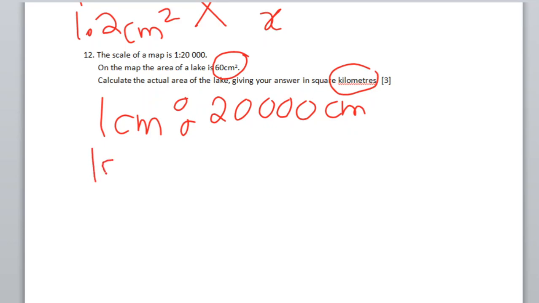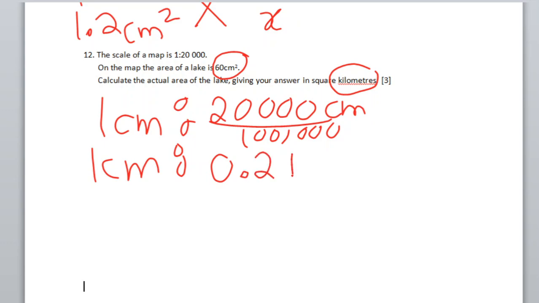So 1 centimeter would correspond to, divide this by 100,000 to get this value in kilometers. So when we divide this by 100,000, we will get 0.2 kilometers, which means 1 centimeter on the map corresponds to 0.2 kilometers of actual distance.